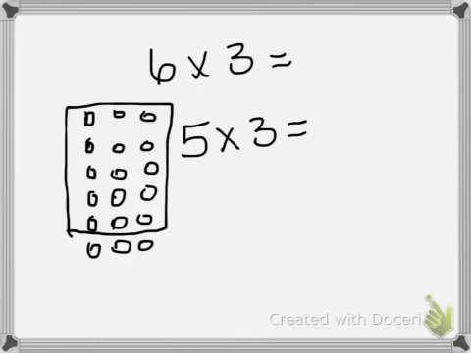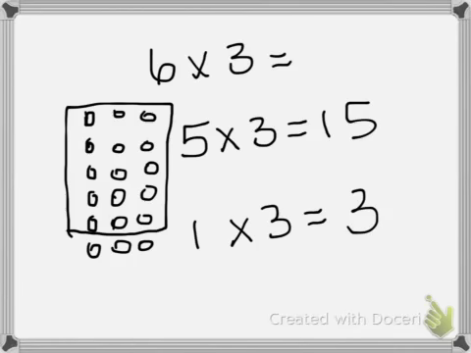Which you should know easily is 15. And then I also have this other 1 group of 3 at the bottom. So 5 times 3 plus this 1 times 3, so another 3. And then you would have to add the 15 plus the 3, which would be 18.